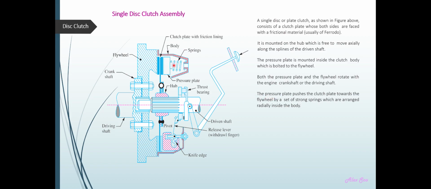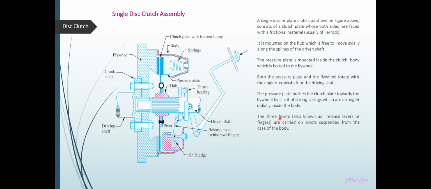When the spring is being compressed, the clutch will disengage. When the pedal is released, the spring, which is an elastic material that tends to restore back to its original length, pushes the pressure plate forward again into contact with the flywheel. That is the purpose of the spring with the pressure plate.